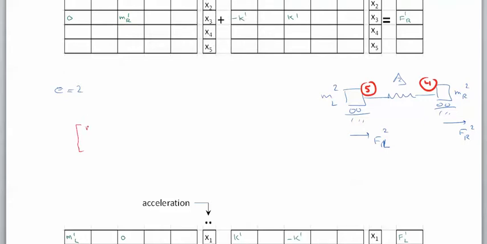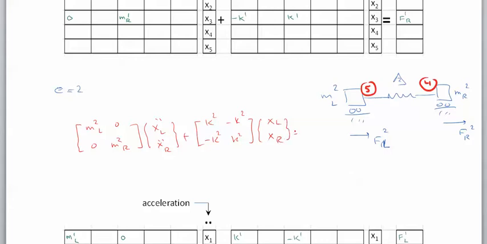Well, it's M2L, 0, 0, M2R, times accelerations, plus the stiffness, K2, minus K2, minus K2, K2, times displacement, equal to the right-hand side, FL2 and FR2.